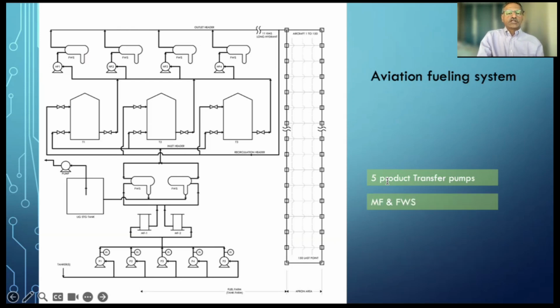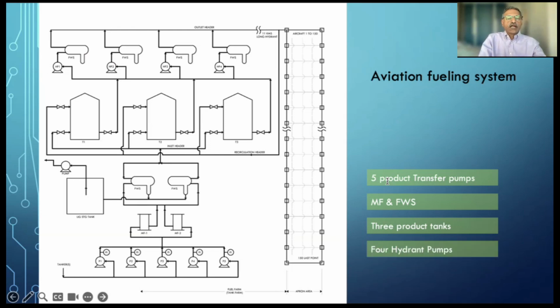In between the storage tanks there are microfilters and there are filter water separators. Now, filter water separators and microfilters have a function which we will come to a little bit later. Then there are three product tanks in which the storage of the product is done before it goes to the flights.